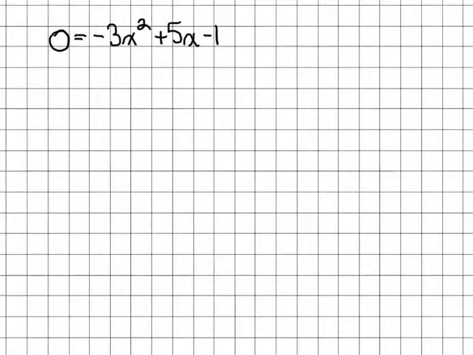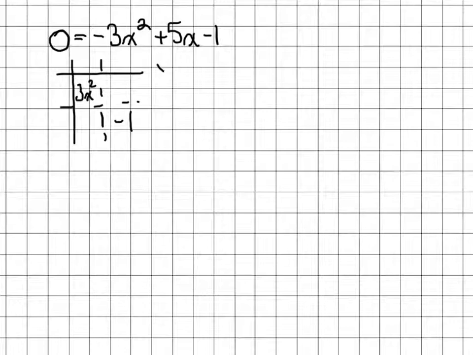Alrighty, so we're back. So we're going to try to factor this. I'm going to set up my chart. I have 3x squared in that box, I have minus 1 in the other box, and these two have to add to 5, and they also have to multiply to the same that these multiply to.